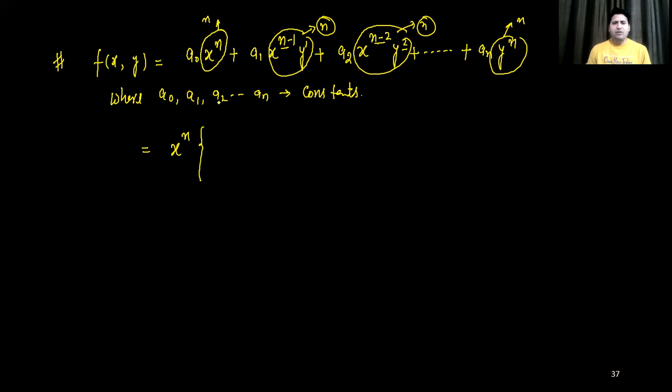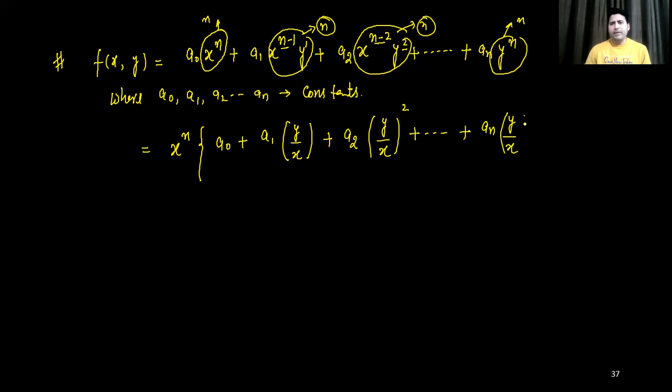What is left? a0 plus a1 into y upon x, plus a2 into y upon x to the whole power 2, and so on, plus an into y upon x to the power n, which equals x power n into the expression.